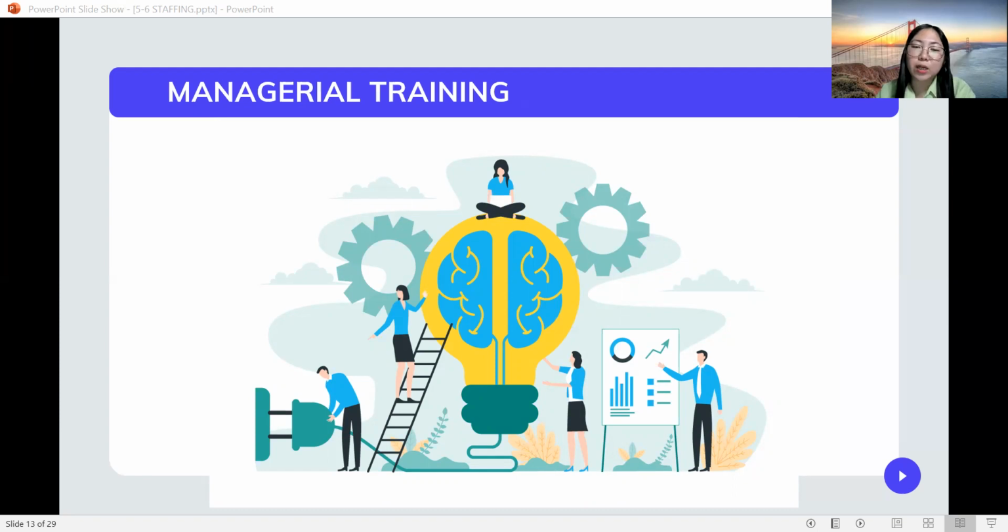So topics might include those from the soft skill section, such as how to motivate and delegate, while others may be technical in nature, and some training might be performed in-house, while other training such as leadership skills might be performed externally. And next, we have the safety training.